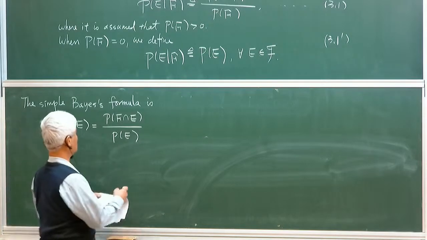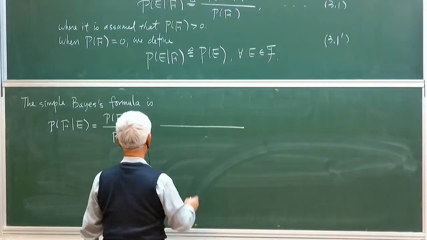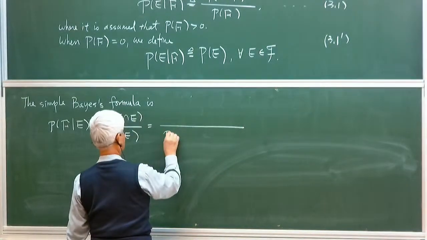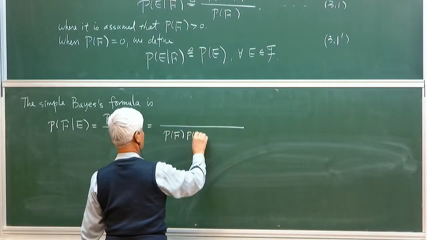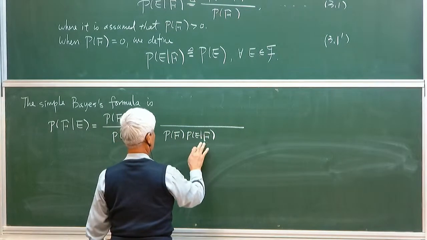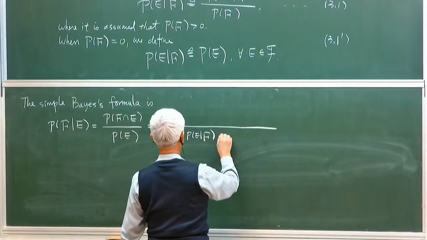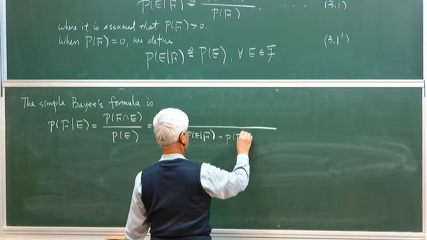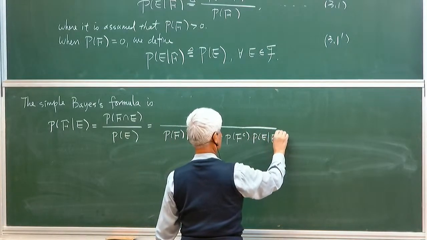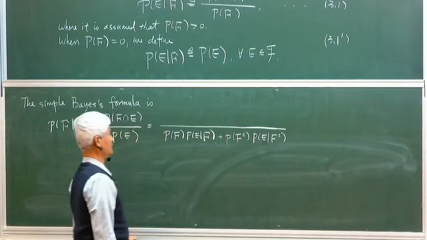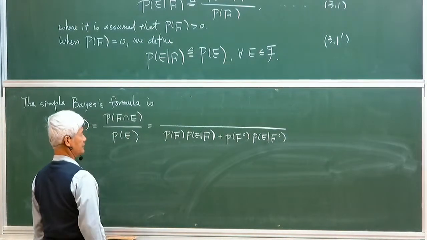So we will apply the simple decomposition formula. Instead, we find that this conditional probability is much easier to know. So this is by the simple decomposition formula.